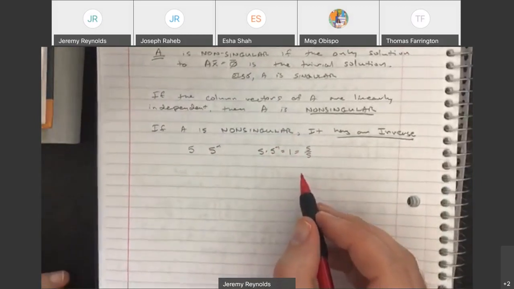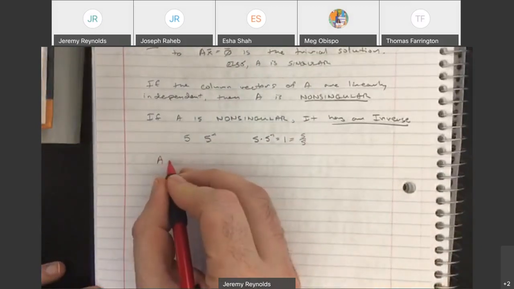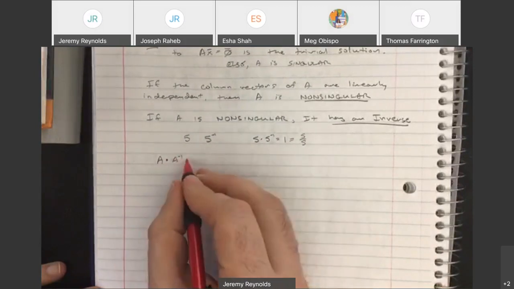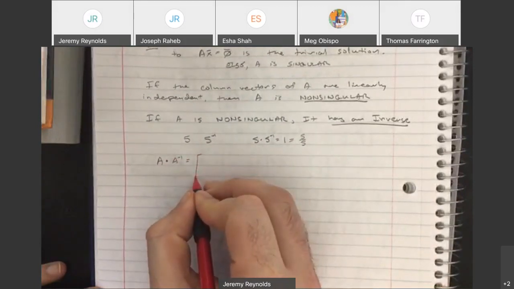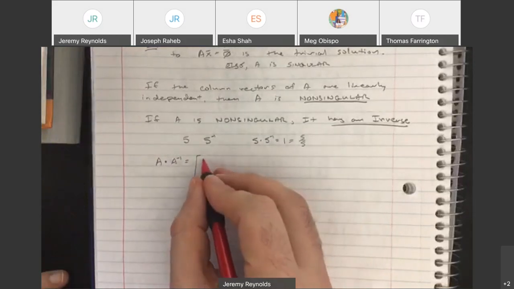So a matrix multiplicative inverse is, let's say we have a matrix A. So it would be the inverse. We multiply those out, and we get what is called the identity matrix.